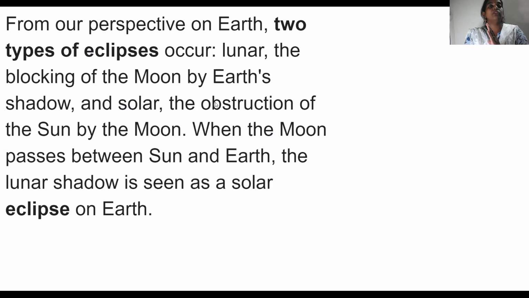And solar eclipse is nothing but the obstruction of the sun by the moon, right? The light which is passing to the earth will be obstructed by the moon. So which comes in between here in the solar eclipse? Moon comes in between. So when the moon passes between sun and the earth, the lunar shadow is seen as a solar eclipse on earth.